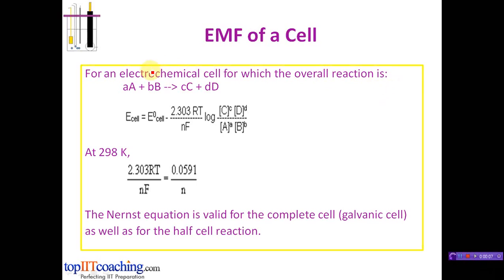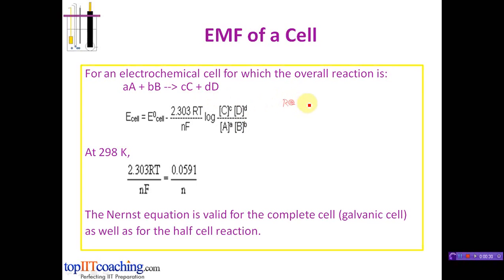In a similar way, for an electrochemical cell whose overall reaction is aA plus bB gives cC plus dD, we can write the Nernst equation as E cell is equal to E0 cell minus 2.303 RT divided by nF into log [C]^c [D]^d divided by [A]^a [B]^b.